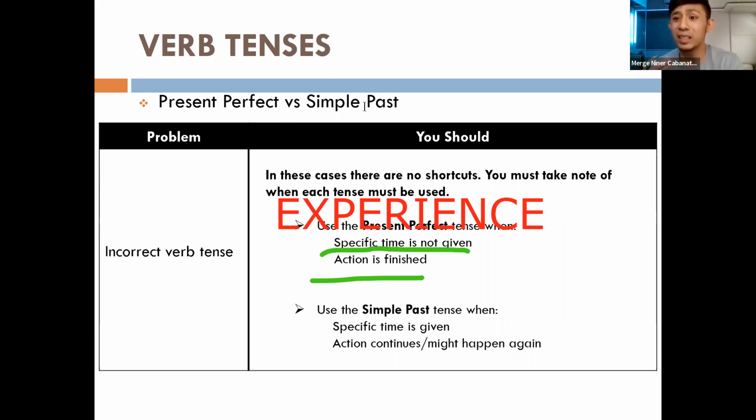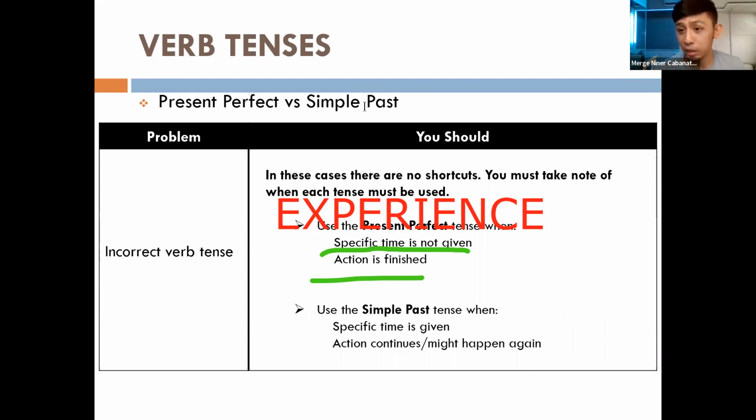So, hindi ko sinasabing always ha. Again, baka may maisip na naman yung iba na pag speaking, present perfect lang gagamitin ko. No. Okay, if the examiner is asking you facts about yourself, use the simple present. If the examiner asks you about some experiences that you do not intend to give the time expression, then of course you will be using the present perfect.